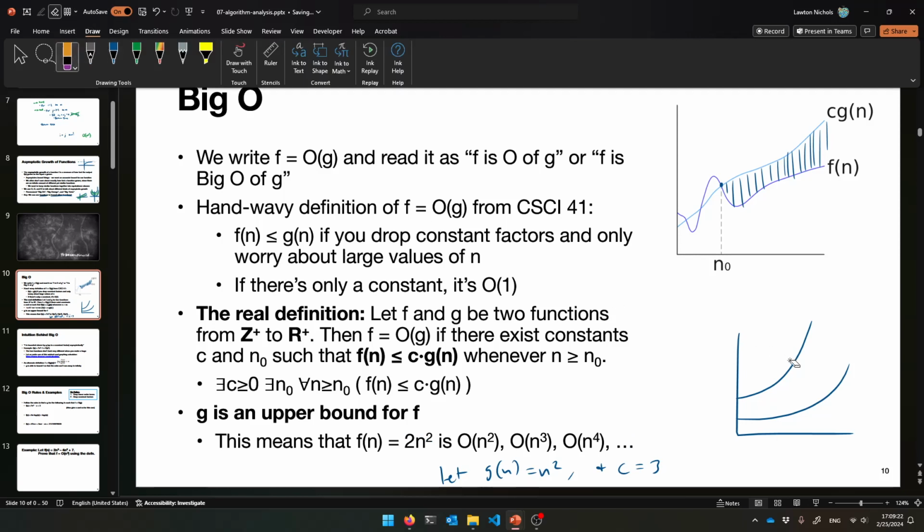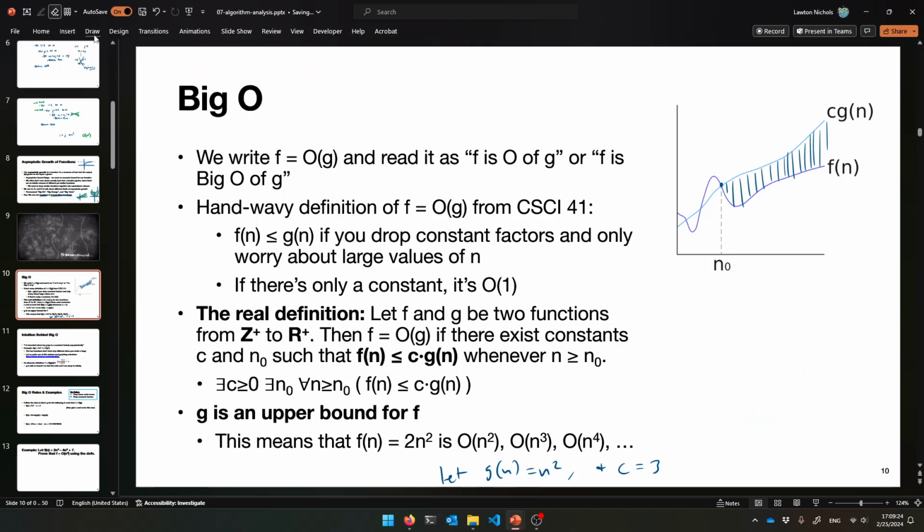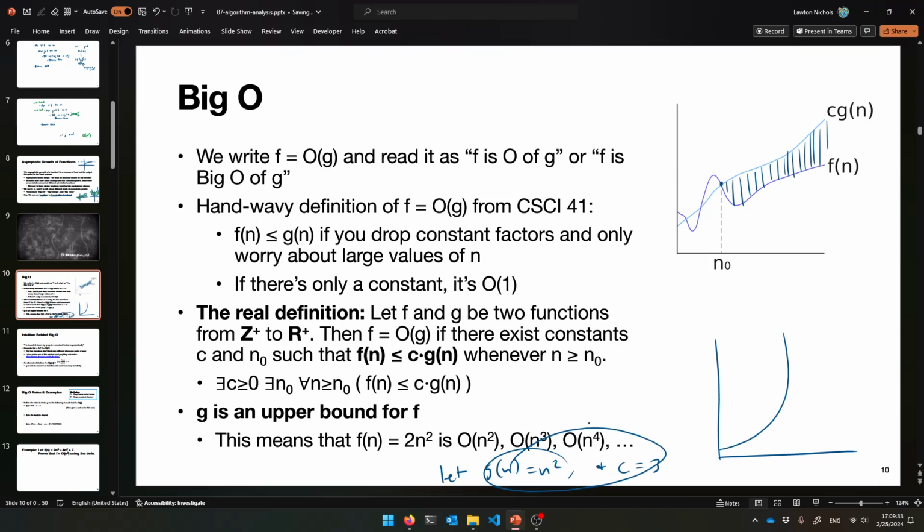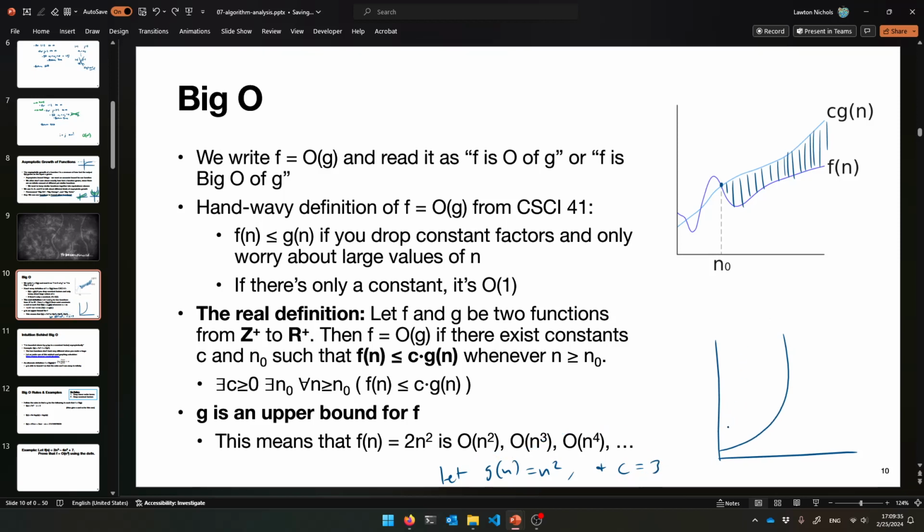Let me redraw that with this in mind now. What is 2n squared? Maybe it's this one. And then this is essentially 3n squared, g of n multiplied by that constant c, and it's always going to be bigger. So there's 2n squared, and here's 3n squared.